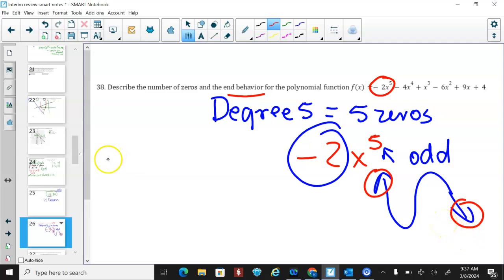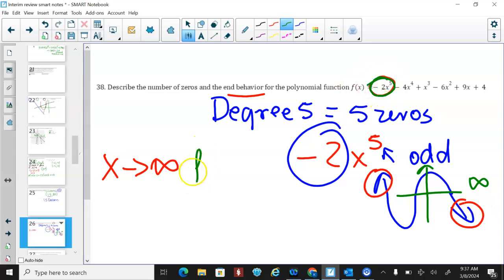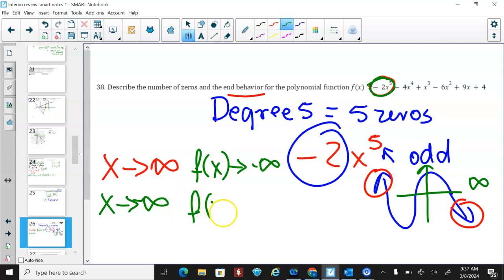So that means that if I'm talking about the behavior on the positive side, right? Let's just say this is a function, okay? On the positive side, I know by the leading coefficient that my function will be going down, okay? I also know that this is an odd function, so that means on the negative side of the graph, my function must go up.